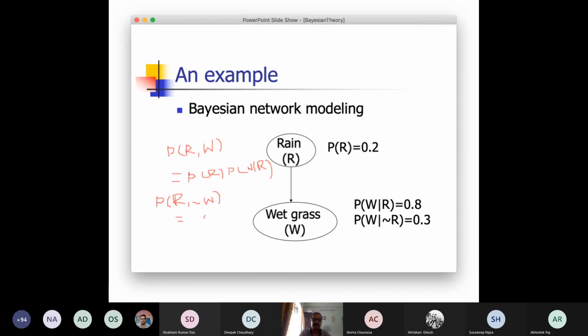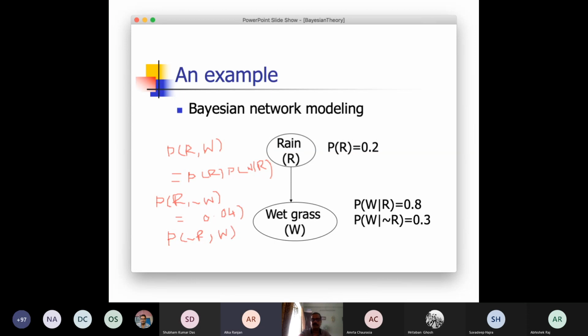So 0.2 into 0.2 is 0.04. Similarly, for the other two, what is the probability of not R and W? Same, sir, 0.04? You are saying not R and W is the same? It should not be the same, no?